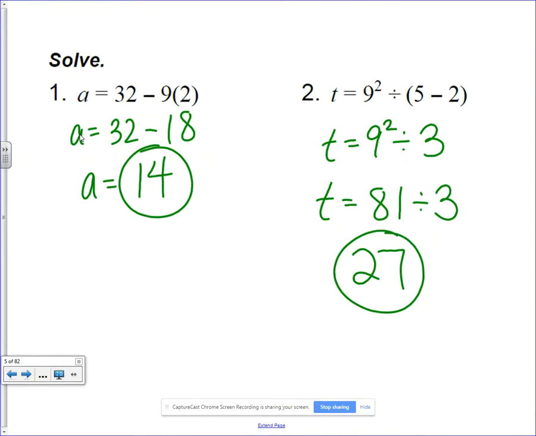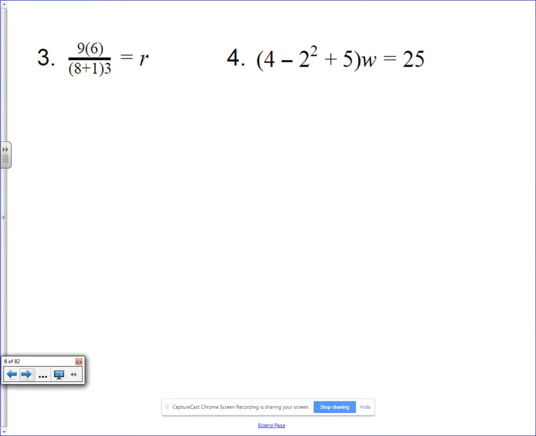All right, moving over. I think this next one's a big old fraction, right? So if it's a big old fraction, do the numerator, do the denominator, then divide them, because that's what the fraction bar means to do. So what are you going to do first in the numerator? Okay, so I got a 54 in the numerator. What am I going to do in the denominator?